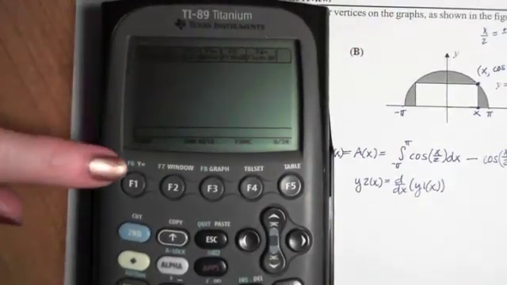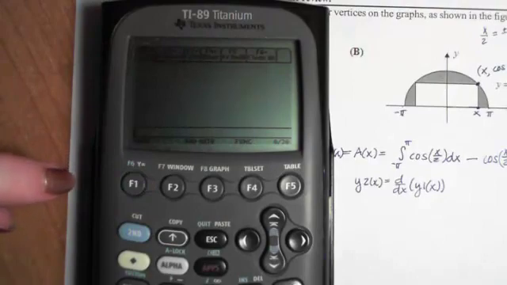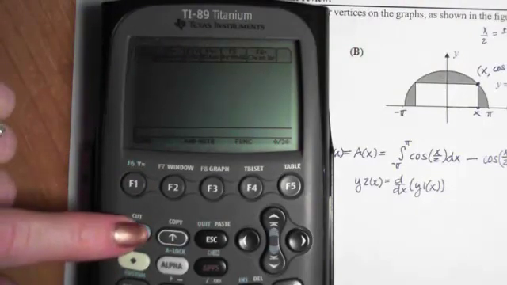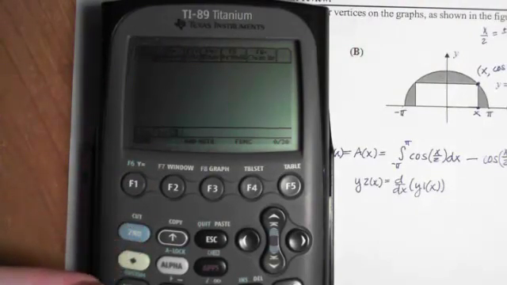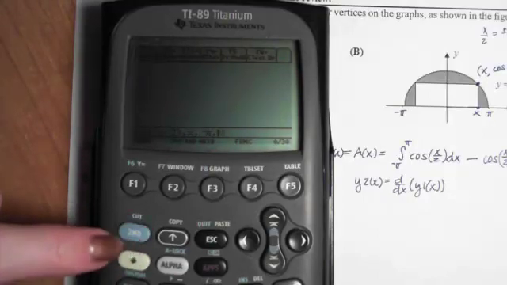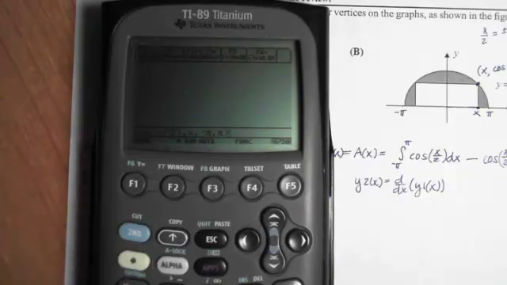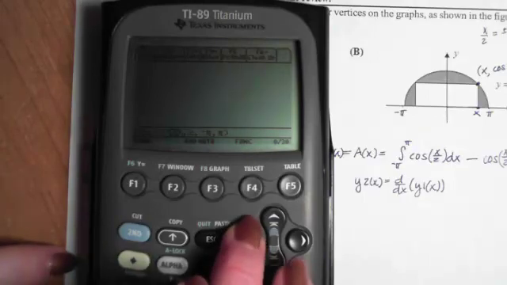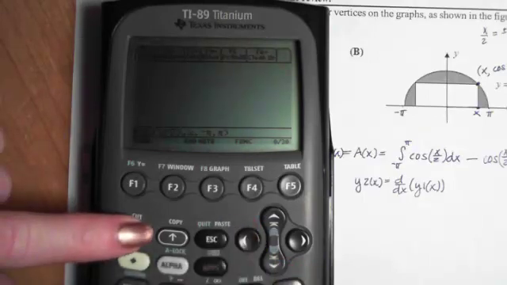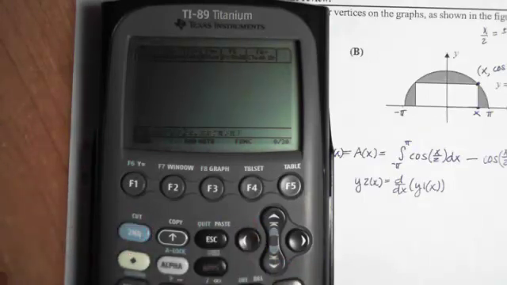I need to integrate the cosine of x over 2 with respect to x from negative pi to positive pi. Oops, I guess my integrate didn't hit. So we'll integrate that, sorry. So we end up with a 4.